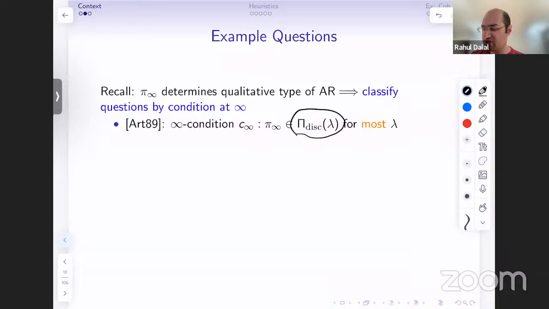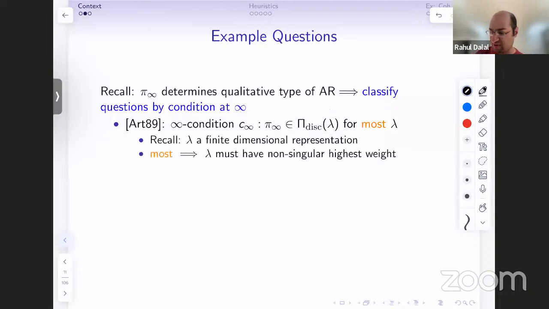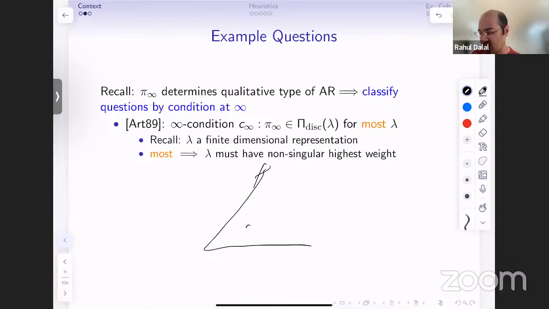And we were able to choose almost every possible lambda. What almost every possible meant is that lambda is a finite dimensional representation, and we needed lambda to have non-singular highest weight. Remember, there's some kind of Weyl sector that classifies the finite dimensional representations, and the highest weight can live inside it, but it can't live on the boundary.